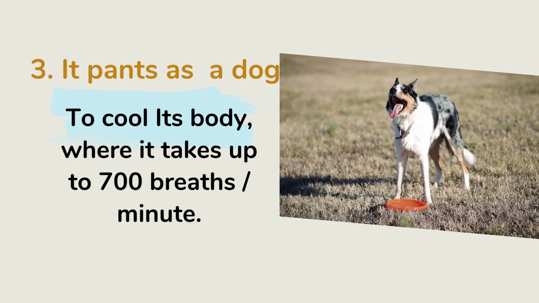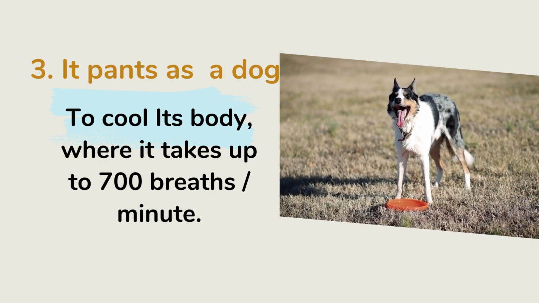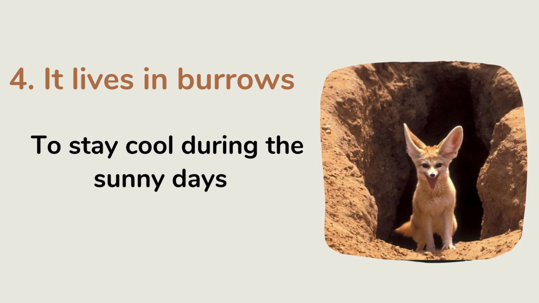Fourth one, it lives in burrows, and as you see here, this is the burrow, to stay cool during the sunny days. So as you see, all the adaptations of the fennec fox are mainly to cool its body, because it lives in the desert, as we mentioned before.